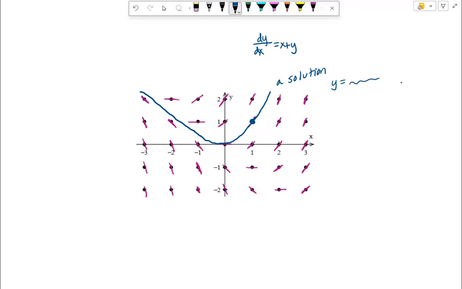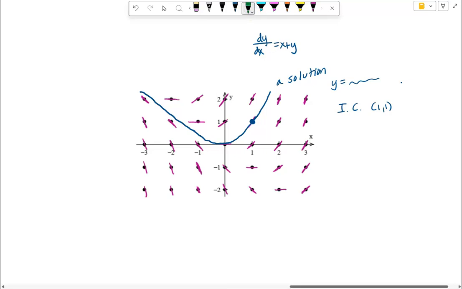Like the examples we did on the previous page, we were solving differential equations. We can do that when they're separable, but dy/dx equals x plus y is not separable. So this curve represents a solution we would get if we plugged in the initial condition (1, 1), because the point that I chose to be on the curve is (1, 1).